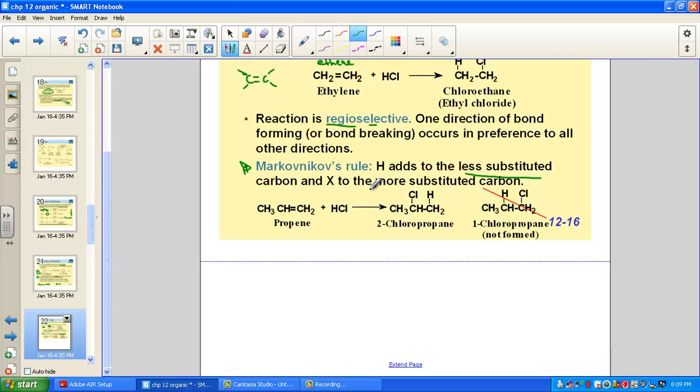In the addition of HX to an alkene, hydrogen adds to the carbon of the double bond having the greater number of hydrogens. Add hydrogen to the carbon of the double bond that has more hydrogen.